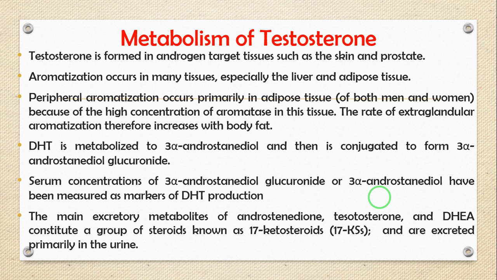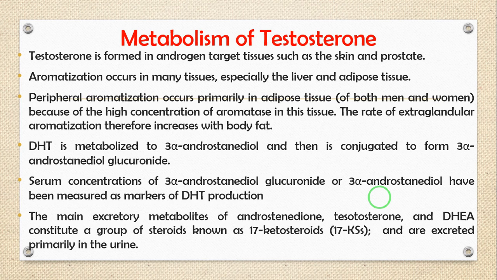Later, dihydrotestosterone, the potent androgen, is metabolized to another compound, which is 3-alpha androstenediol. Then, by conjugation with glucuronic acid, it is converted to 3-alpha androstenediol glucuronate.